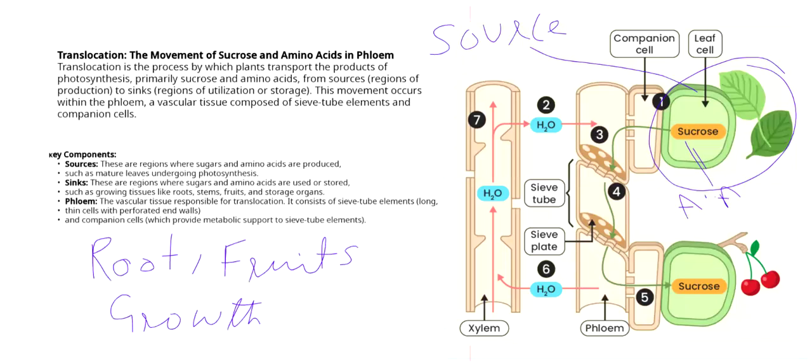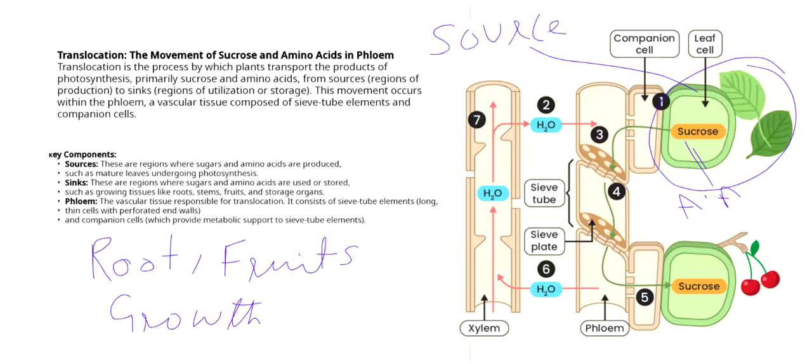In roots, definitely, food is stored, glucose is stored in the form of starch. In fruits, as you know, fruits are really sweet in taste, so sucrose is stored in the fruits.